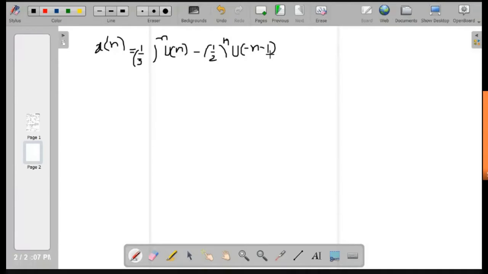So did you do this? Finding the Z transform and ROC.